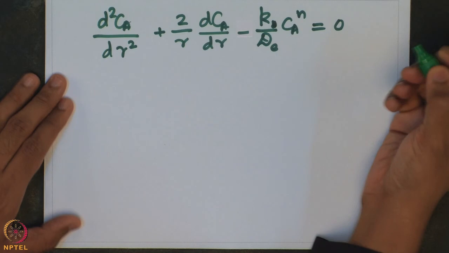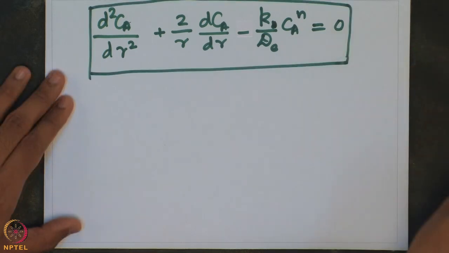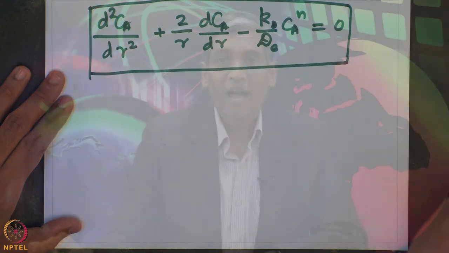So, this is the mole balance that captures simultaneous reaction and internal diffusion in the case of the nth order reaction that happens at the catalyst surface.